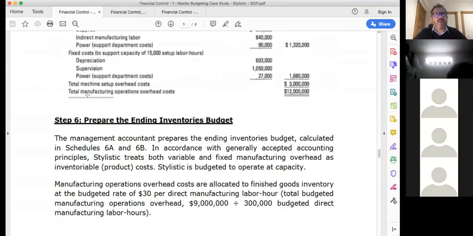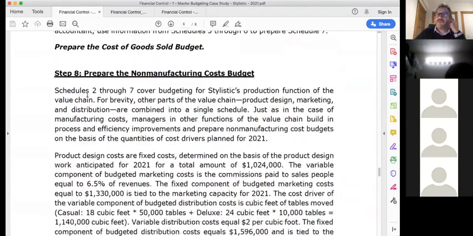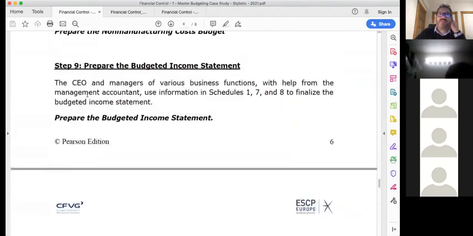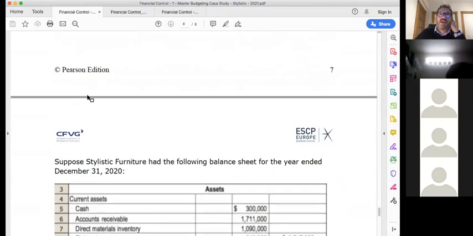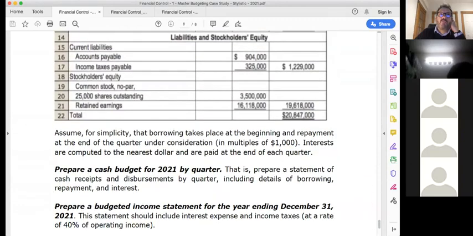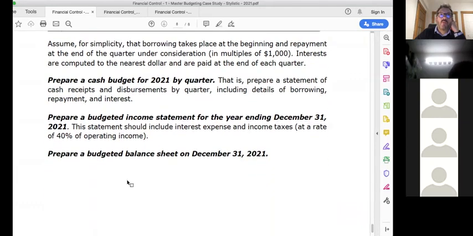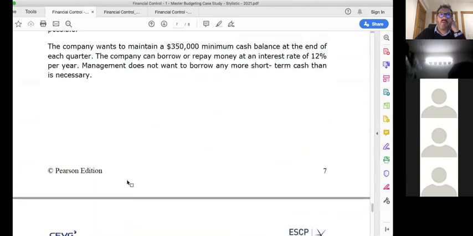So maybe we can try to find somewhere in the case where it said that all the expenses are paid cash, but I don't remember this.